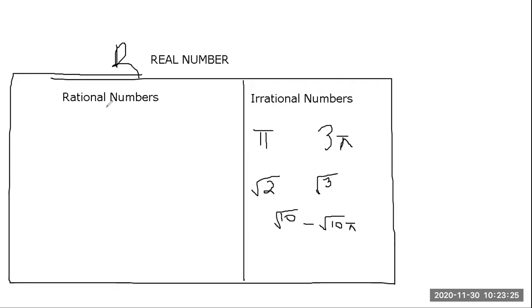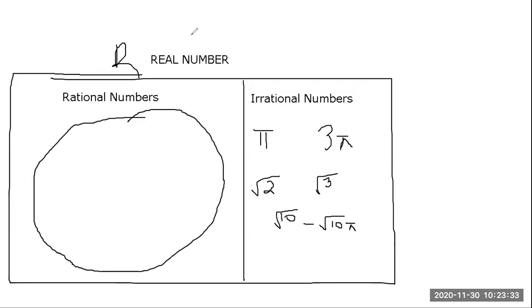Now, underneath the rational numbers umbrella, we're going to have two other ones that we're going to look at. I'm going to call this I. I stands for integers. And then we're going to do one more. That's going to be W. W stands for whole numbers.